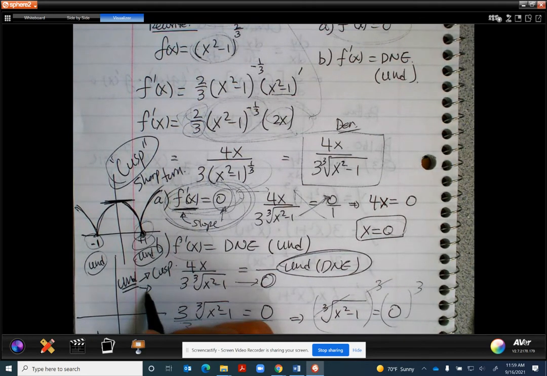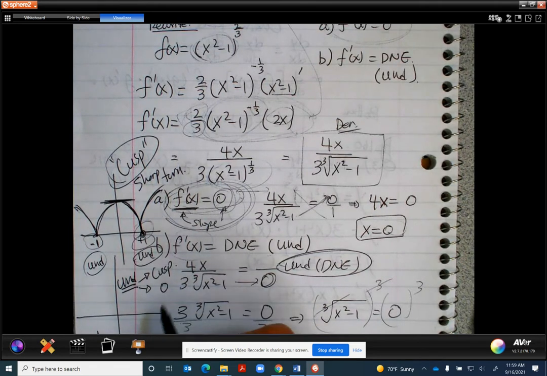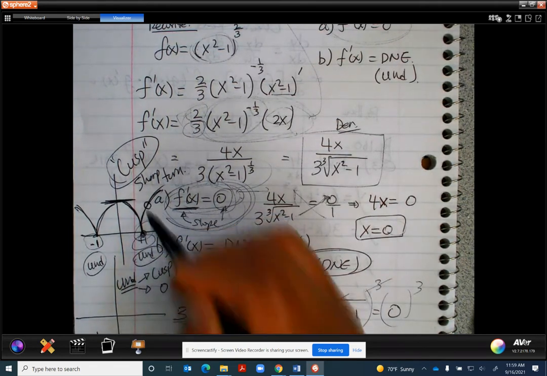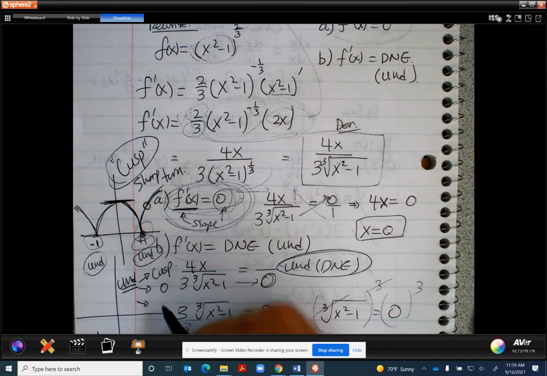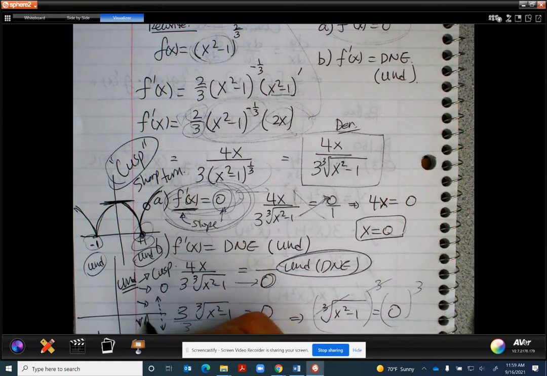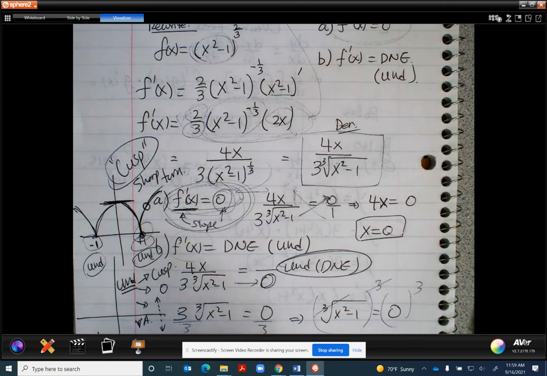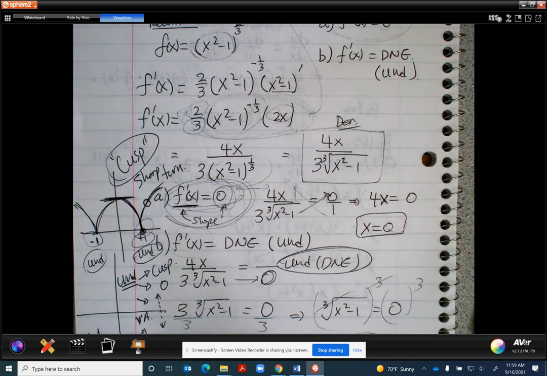Or it could be an open circle. You know how sometimes we have this open circle on the graph? Or it could be a vertical asymptote line, VA. You know how sometimes you have a function going up and down like this and you have a vertical asymptote line?